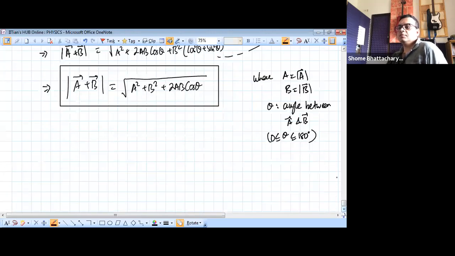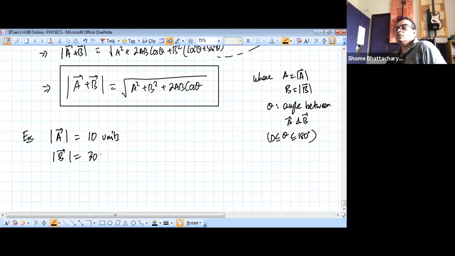So let's look at an example. Suppose the magnitude of A is equal to 10 units. The magnitude of B is equal to 30 root 2 units.